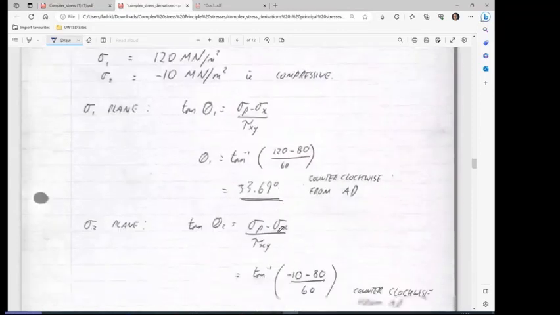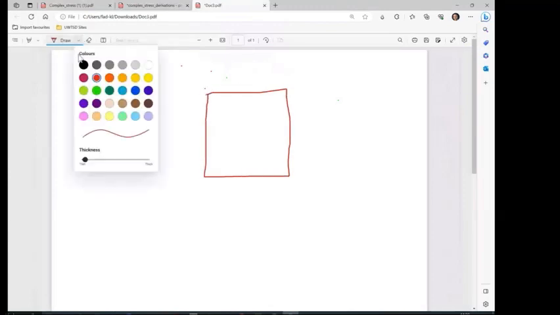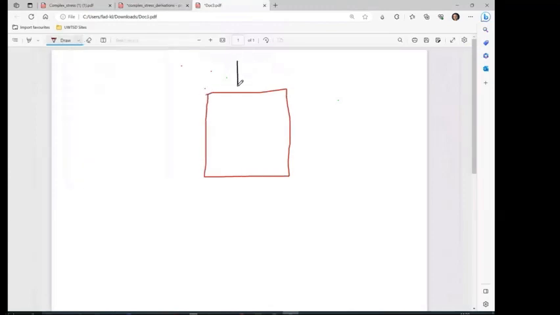So what does all of that tell me? Let's draw our element. I draw my element in red here. In this direction, what was sigma y as we drew it?